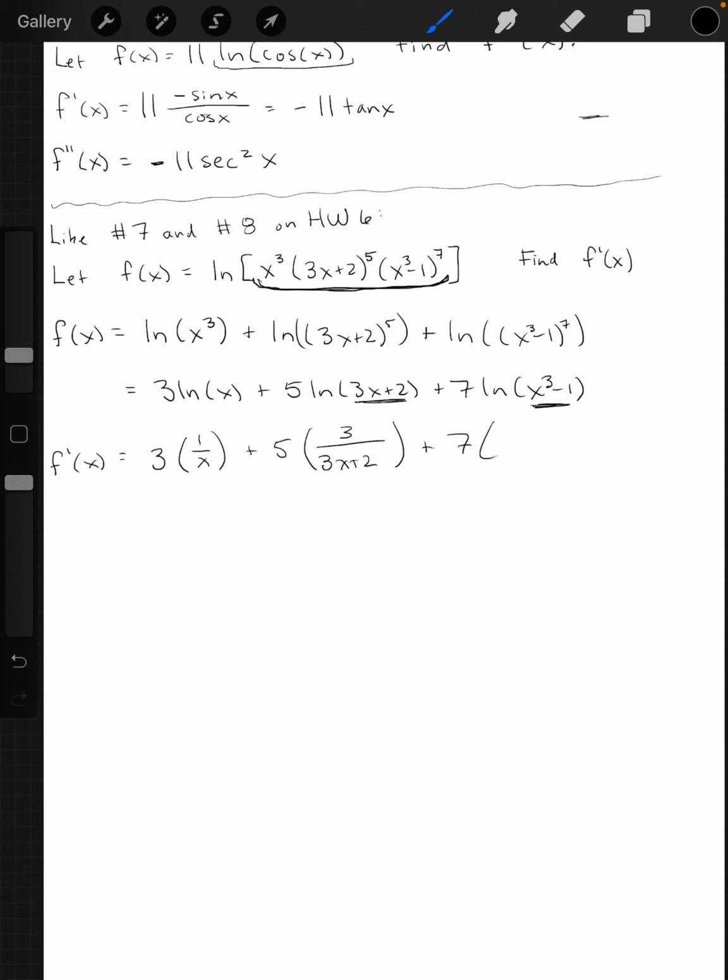And we put the derivative of this guy, which is 3x squared, divided by that guy. And that's what we got. That's our derivative. You can simplify it if you really want to, but I wouldn't recommend it. This is a perfectly acceptable way to leave the final answer for a problem like this.